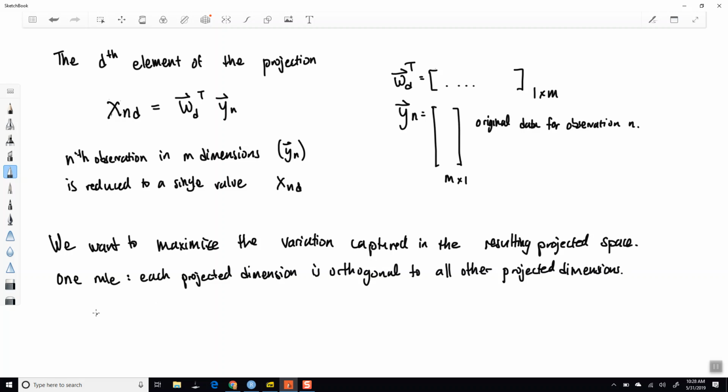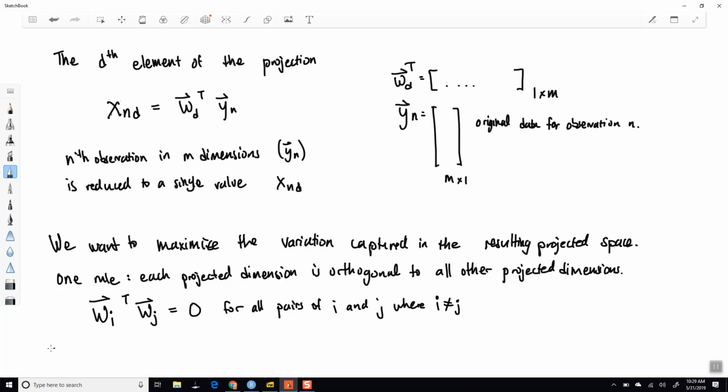That is to say that if I've got some vector w sub i and I take that against w sub j, this is going to equal 0 for all pairs of i and j, where i is not equal to j, okay?